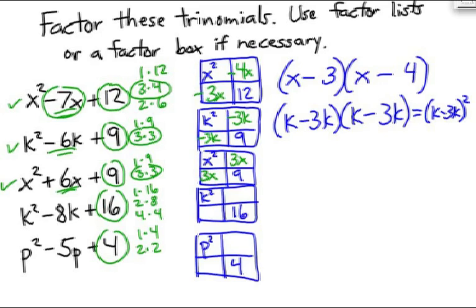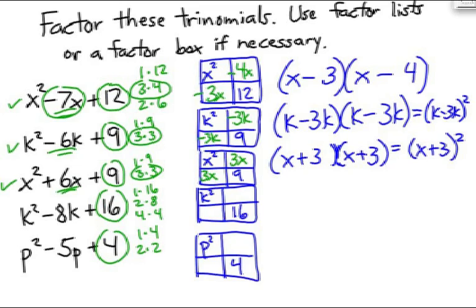My answer there will be x plus 3 and x plus 3. Make a little change here, sorry about that. I will have an x plus 3 in both places. So that's actually another perfect square trinomial. Write it like this: x plus 3 quantity squared.